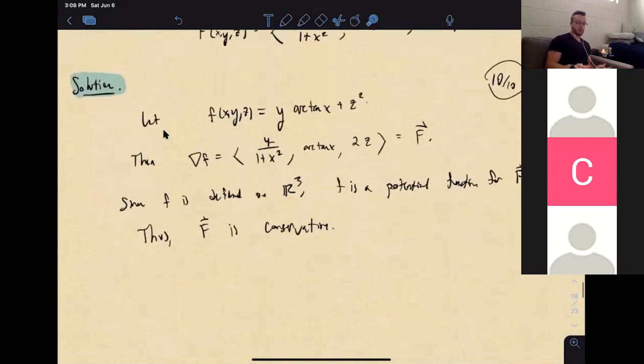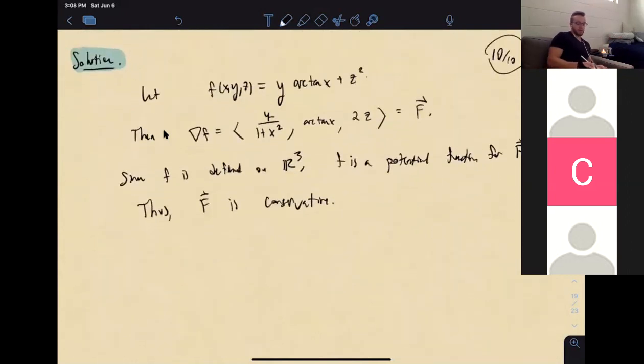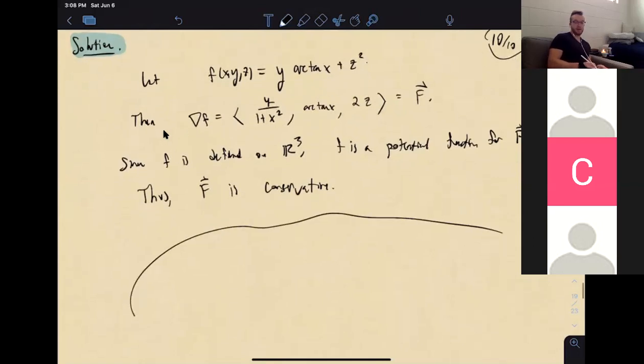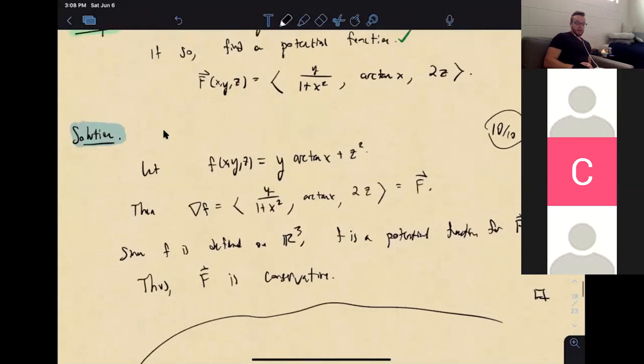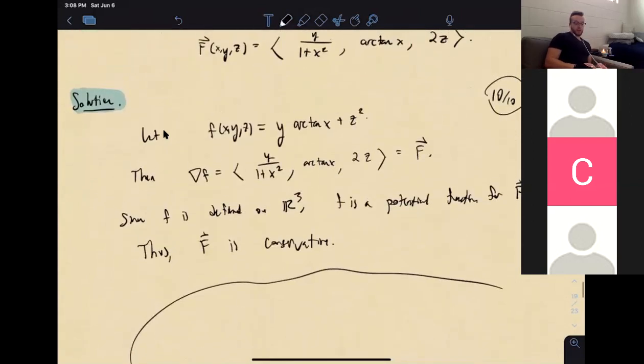But if you want, you definitely could be more explicit about the partial integration. If you can't eyeball it, you could say, well, if there were a potential function, I know it would have to be the x integral of the x derivative.